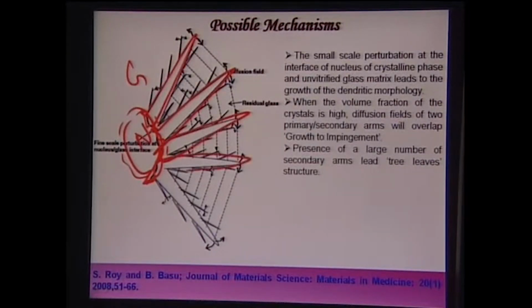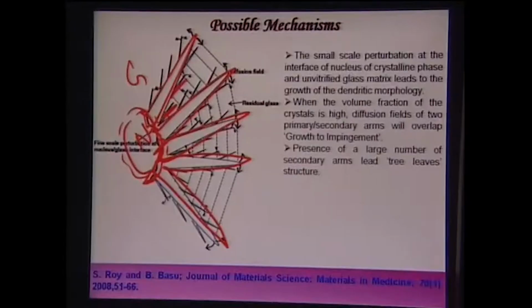This main branch of the crystal is what we call the primary arm of a dendrite. From this primary arm, the secondary arms are generated, and if there is a sufficient concentration gradient or diffusion field, from the secondary arm tertiary arms can also grow. This type of characteristic morphology is what we call spherulitic dendritic growth.